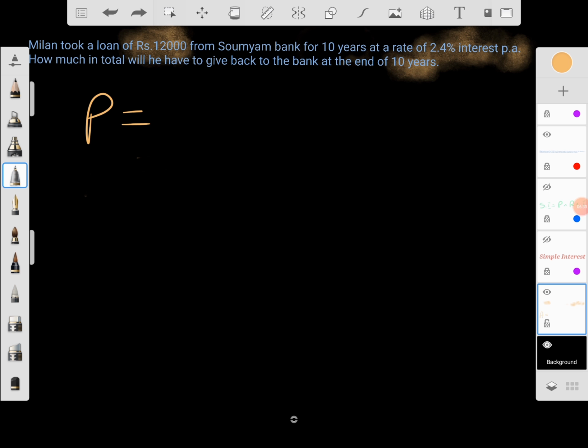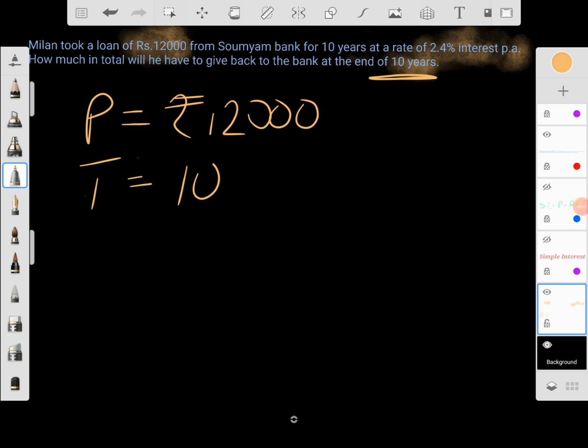You should always write the units: 12,000 rupees. Time, at the end of 10 years, so 10 years. It's a good thing to write the units so that you won't get confused.